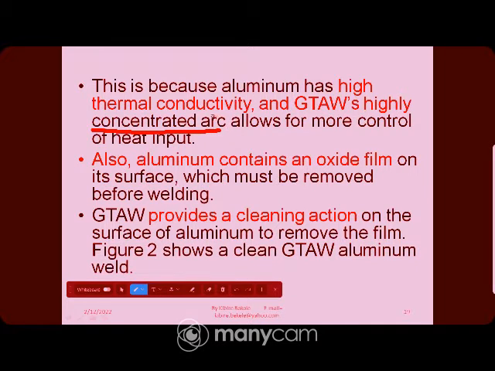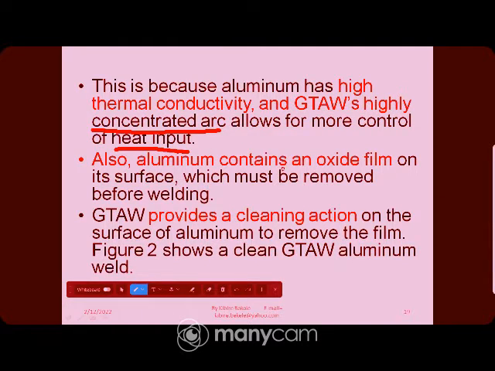The arc in gas tungsten arc welding is limited to the welding area or the edge to be melted, and allows for more control of the heat. The heat input is controlled to the welding area.